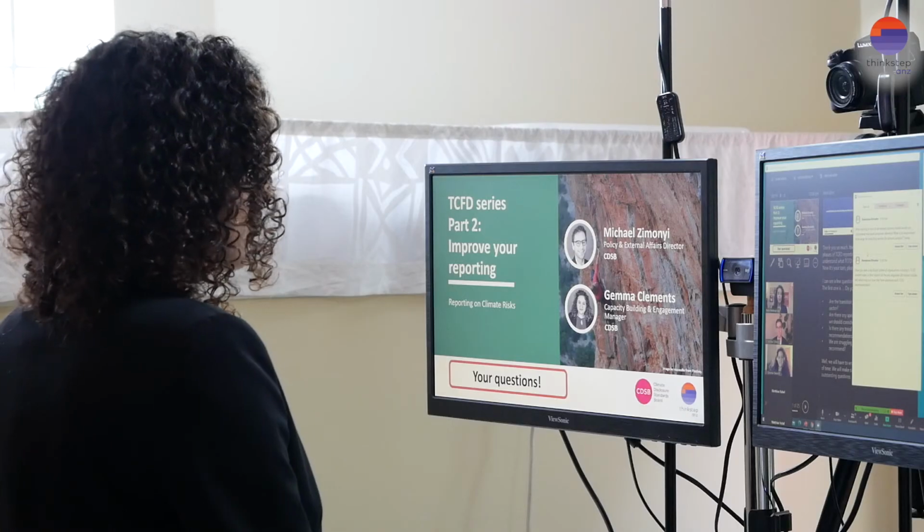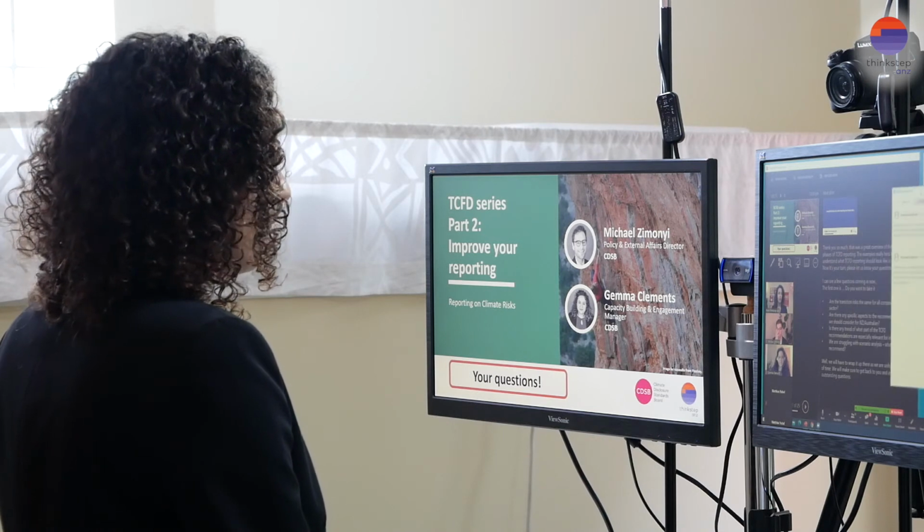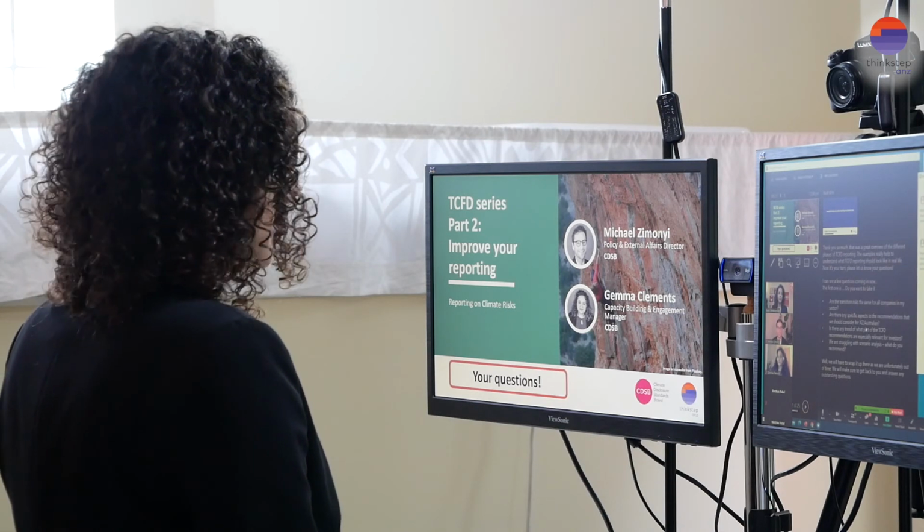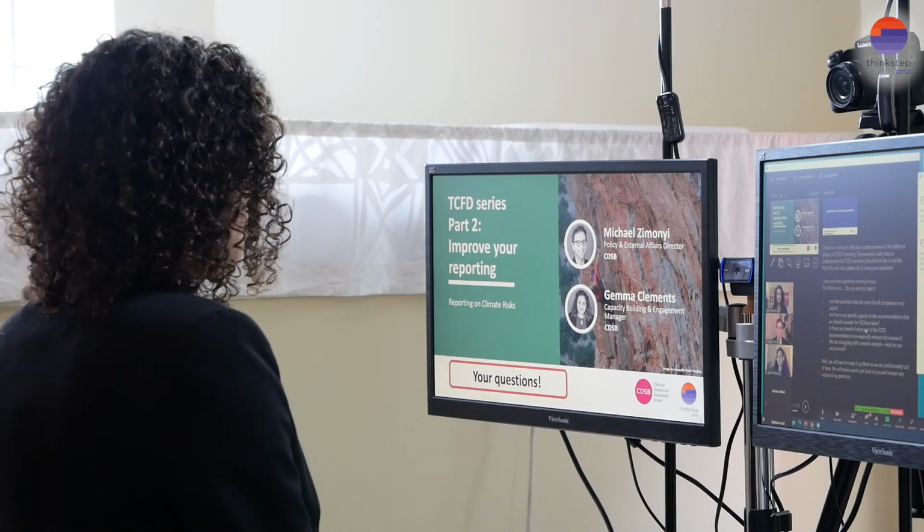So we have a question. It's actually two parts, and I think one part of the question can be answered by one of you really clearly. So what existing or soon to be released scenario models would you recommend for mid-sized companies? And I think we had another one around how can I get started with scenario analysis?